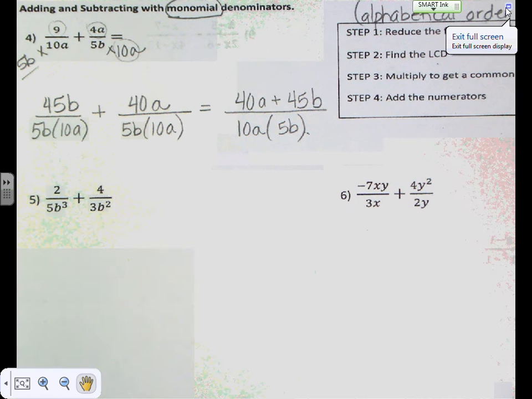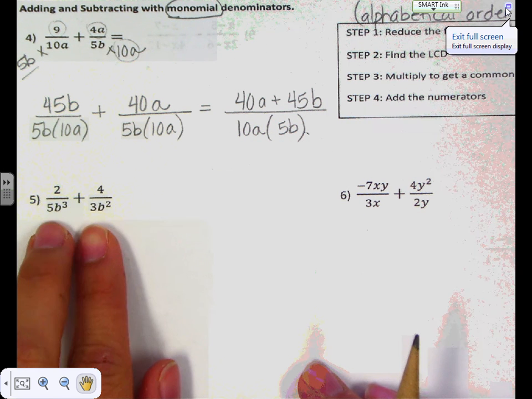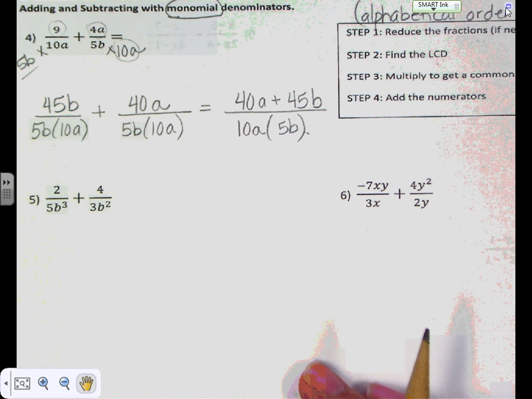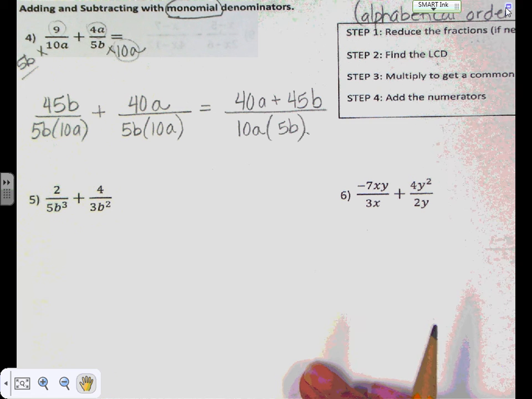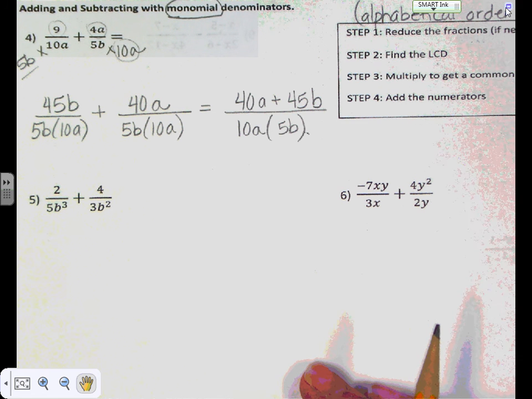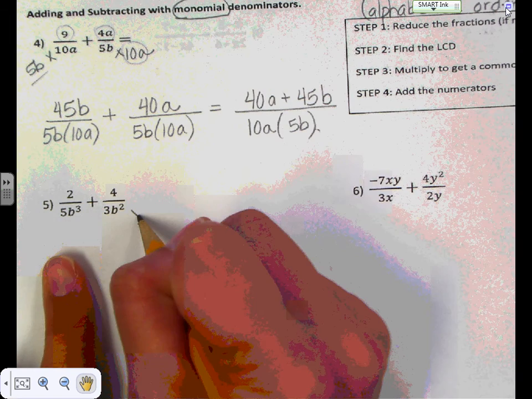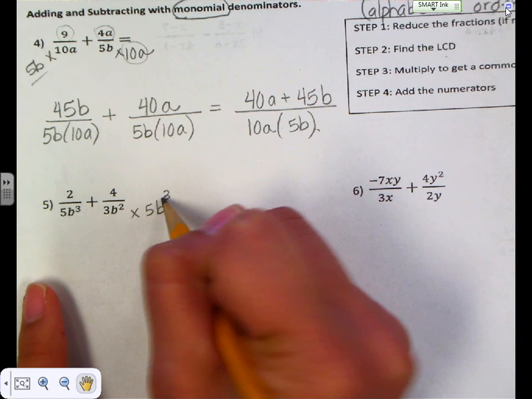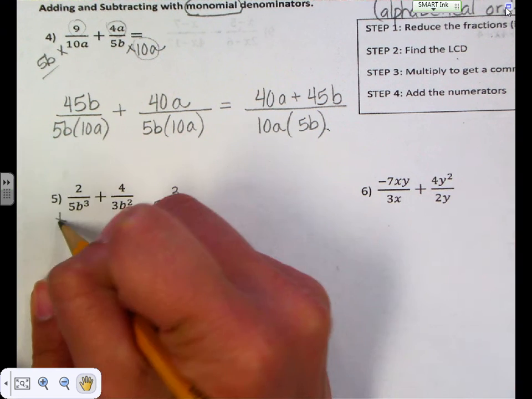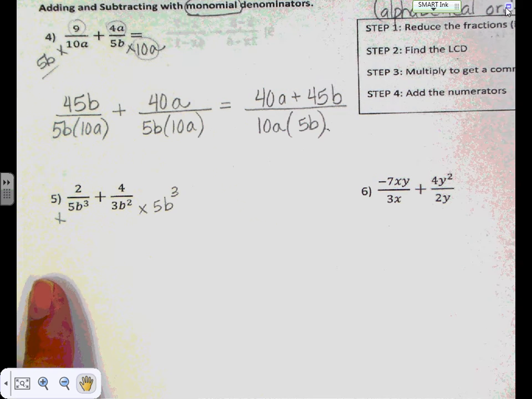They're not common. One's 5b cubed and the other one's 3b squared. You're going to multiply 3b squared by 5b cubed, and then you're going to multiply 5b cubed by 3b squared.